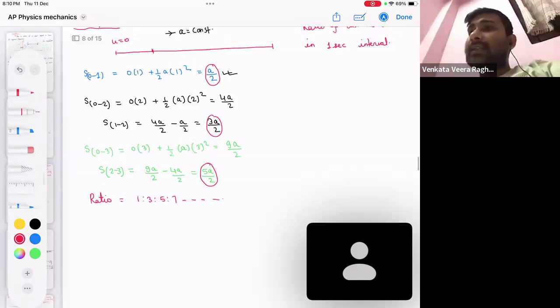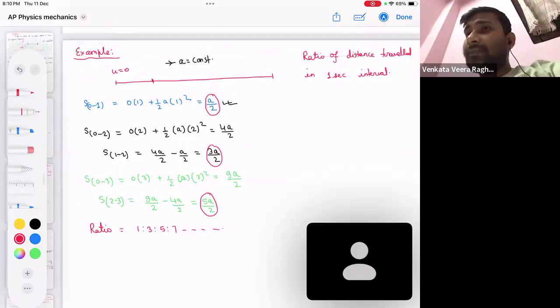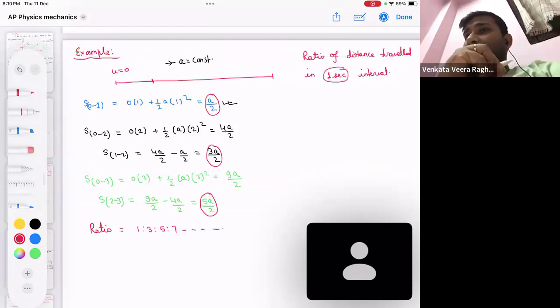Please keep in mind, instead of giving you 1 second as the interval, if I had given any interval, but it should be an equal interval, like 2 second, next 2 second, next 2 second, I will still get the displacement in the same ratio of 1:3:5:7. Understood?